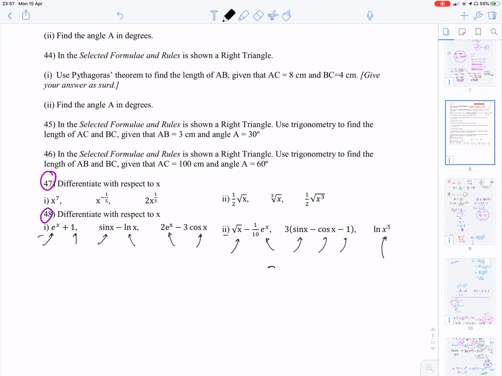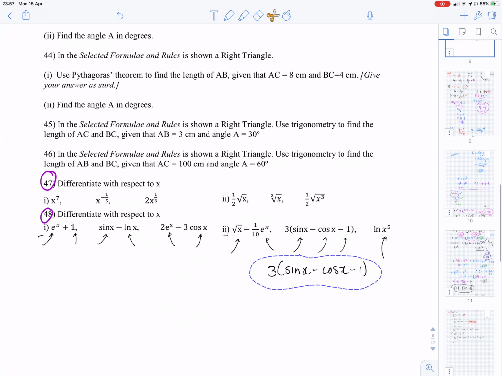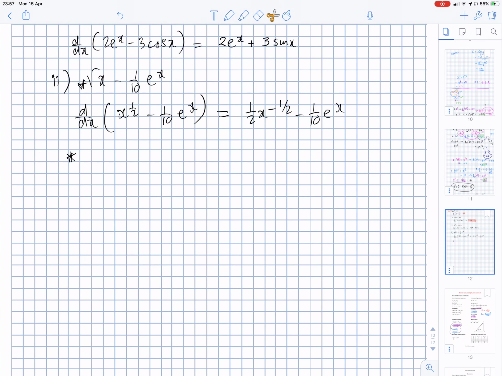Let me write this one down. Sine x minus cos x minus 1. And we copy that.